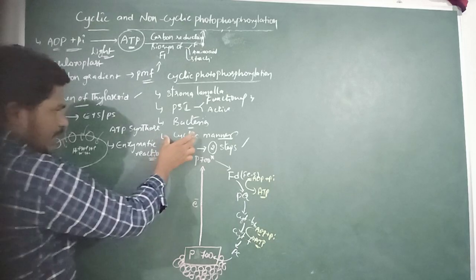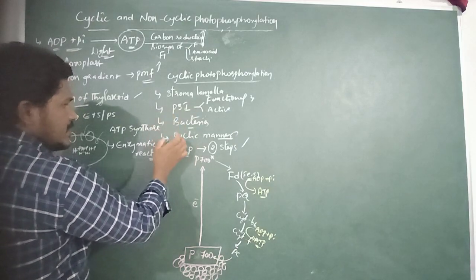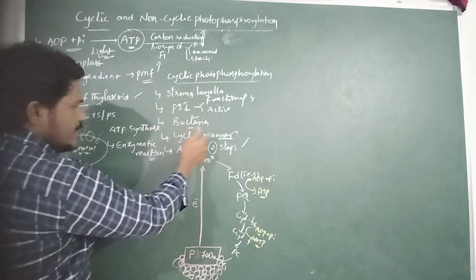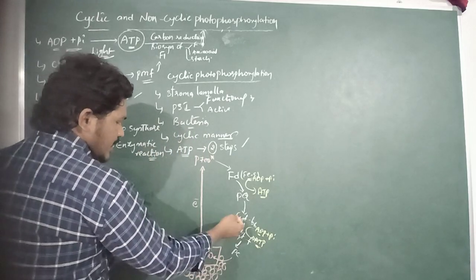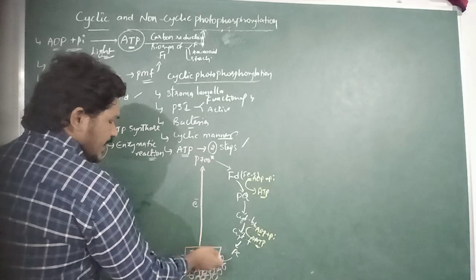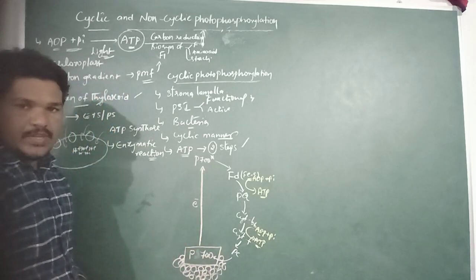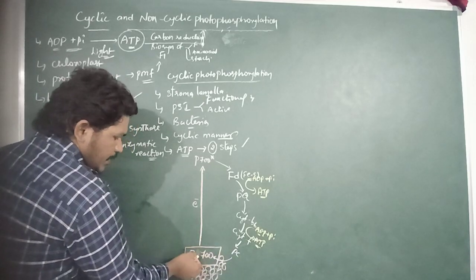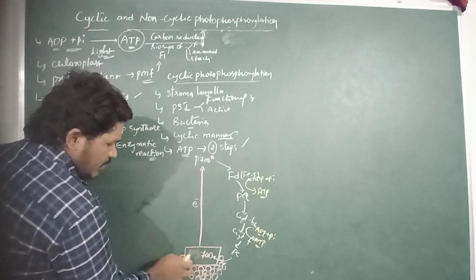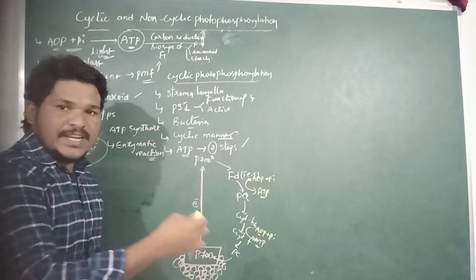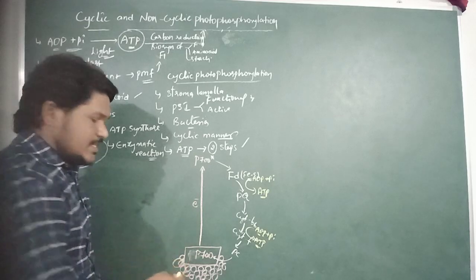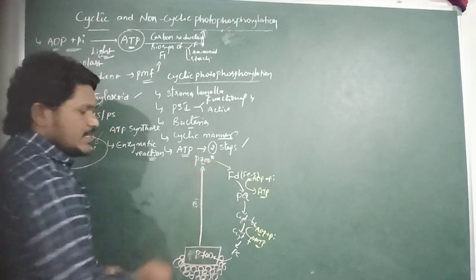So the electrons flow in the cyclic photophosphorylation in a cyclic manner because the initial electron donor and the final electron acceptor are both the same. The P700 is the reaction center of PS1 that absorbs sufficient energy, releases electrons and goes to an excited state.